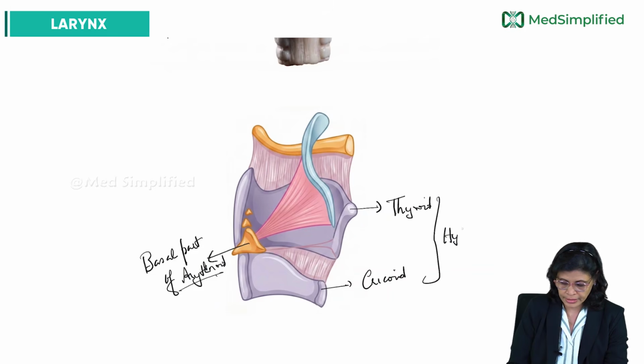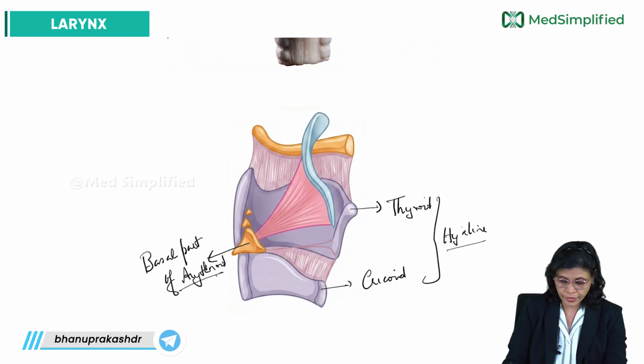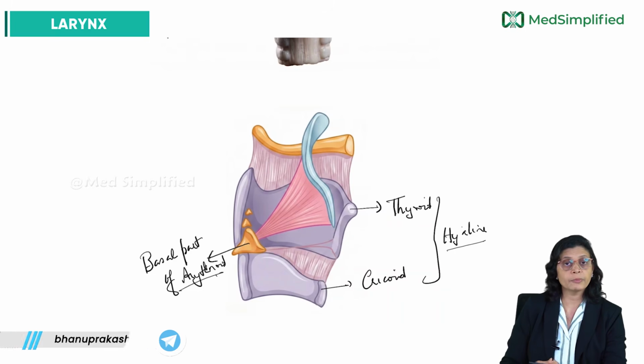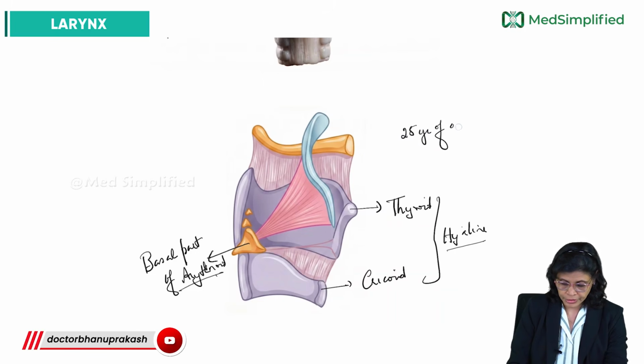These ossify only after 25 years of age and can be seen on the radiograph also. When we take a radiograph of the neck region, we will be able to see these cartilages. They ossify after 25 years of age.